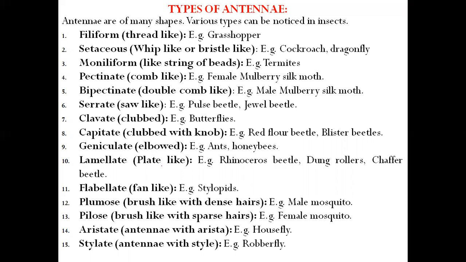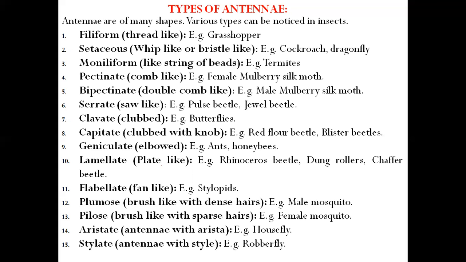Insect antennae have different types: filiform, setaceous, moniliform, pectinate, bipectinate, serrate, clavate, capitate, geniculate, lamellate, flabellate, plumose, pilose, aristate and stylate.